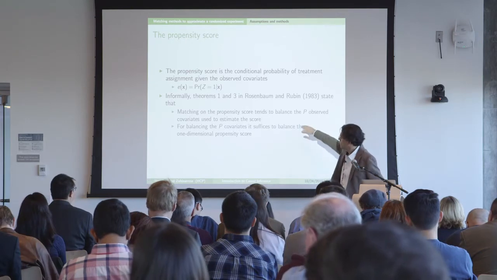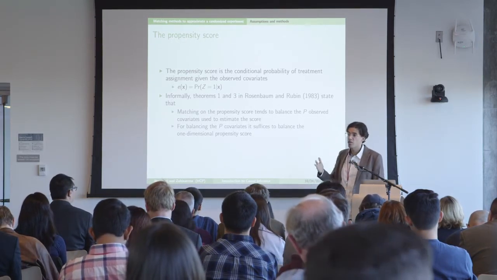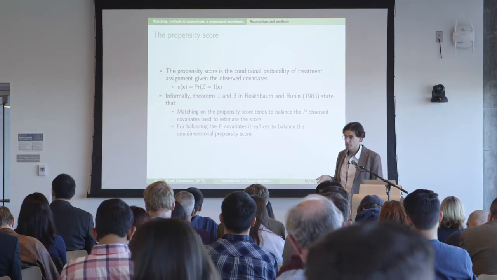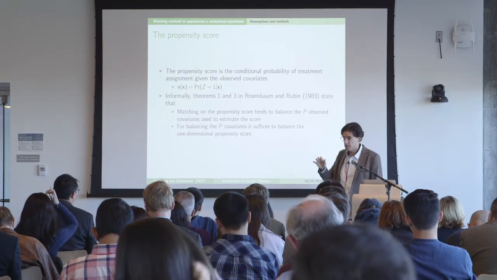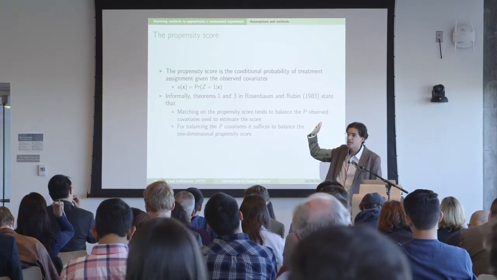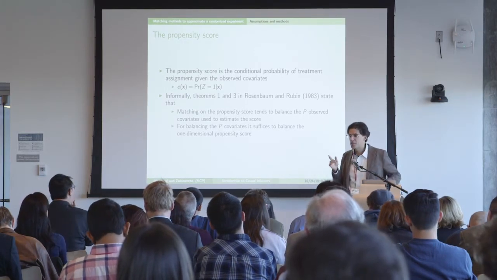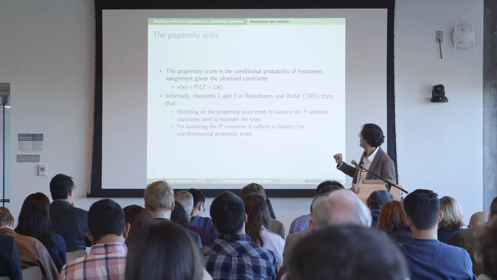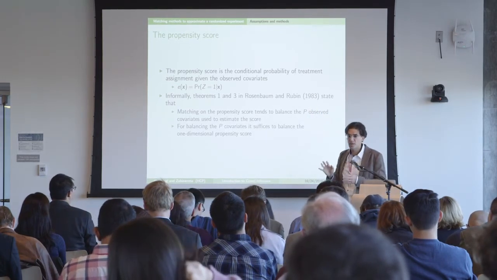Property number 1 is that matching on the propensity score tends to balance all the covariates you use to estimate the score. So by working solely with the propensity score, the promise of the propensity score, and this is a theorem, is that you will tend to balance all the covariates used to estimate the score. That is quite handy, especially handy in the 1980s when this was introduced and computers were not that powerful.